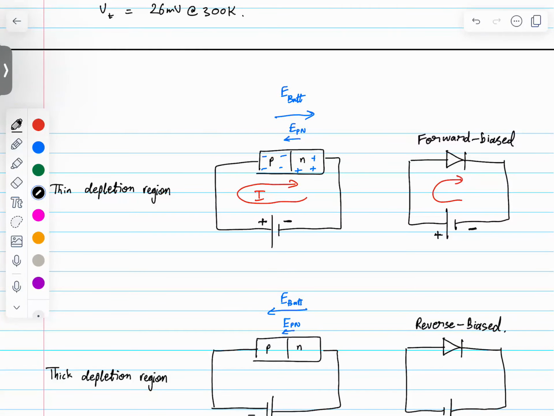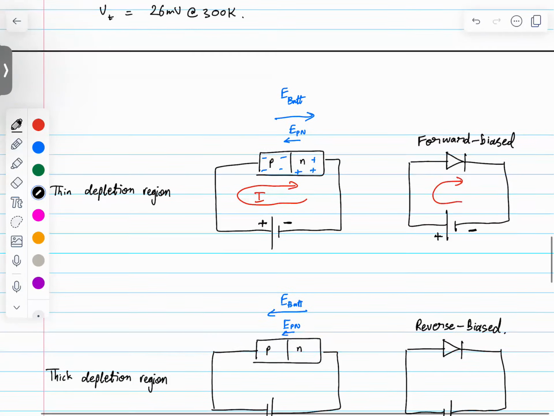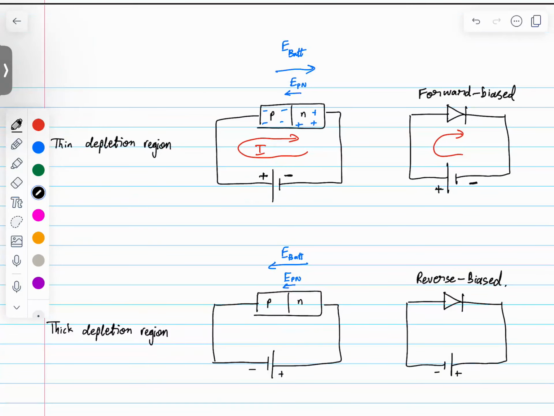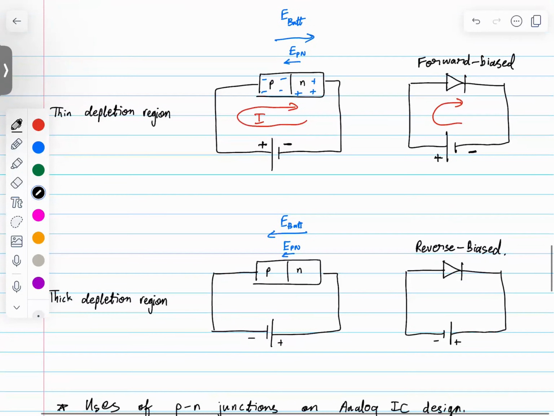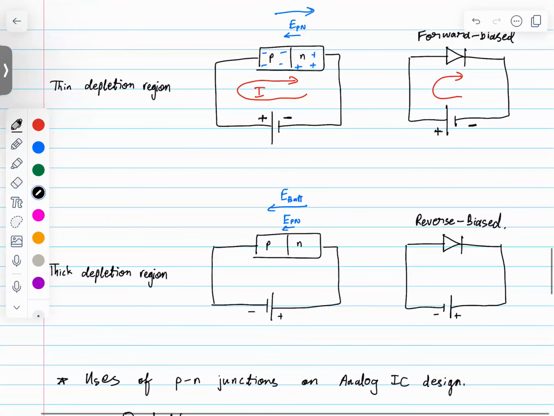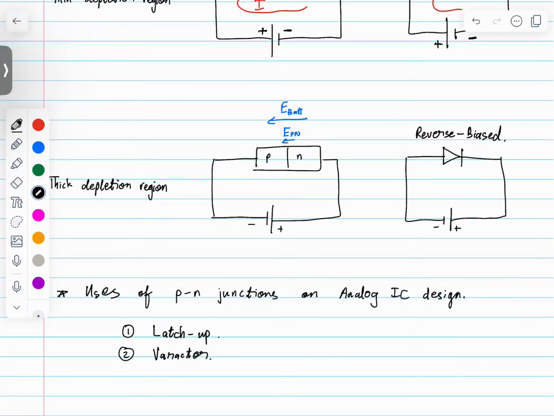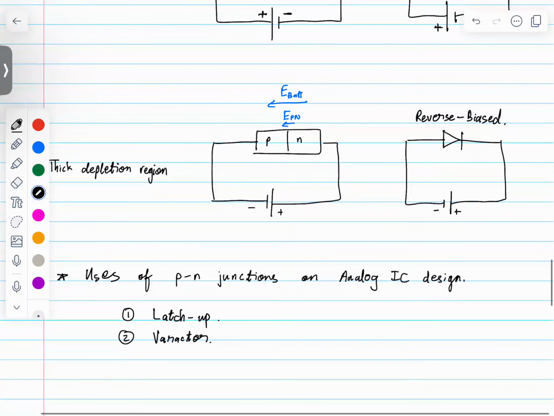If you look at the geometry of this PN junction, it's very much like a capacitor, just like two plates of metal with opposing charges and some dielectric in between. So if the depletion region is changing, the capacitance is also changing. By varying the potential across a PN junction, you can vary the capacitance of the diode. That's a variable capacitor, and you could use that to your advantage in CMOS designs.